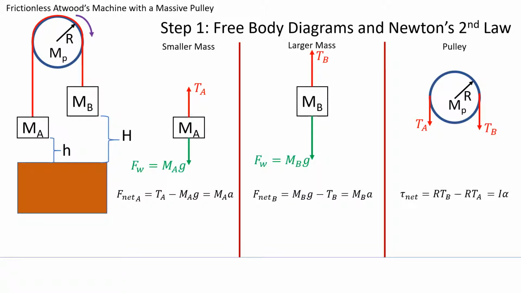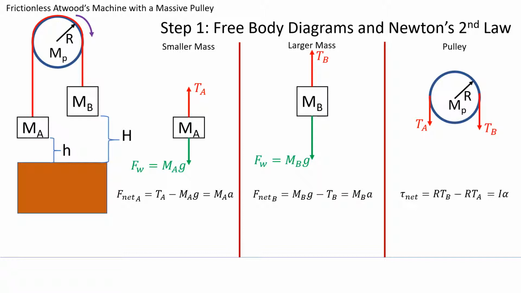For the pulley, instead of using Newton's second law in terms of forces, we need to consider torques. So remember that just like F net equals ma, tau net, the net torque on an object, equals I alpha, where I is the moment of inertia and alpha is the angular acceleration.